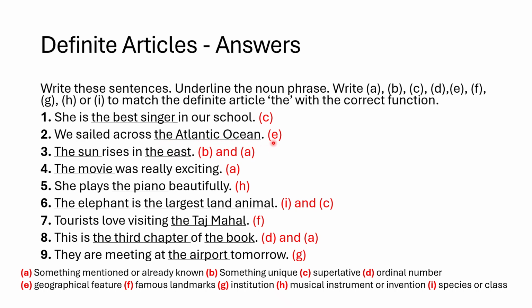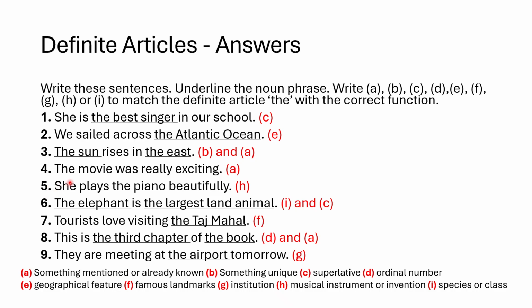The is showing a geographical feature. 3. The sun rises in the east. You should have underlined the sun and the east. In the sun, the is showing something unique, and in the east, the is showing something mentioned or already known.